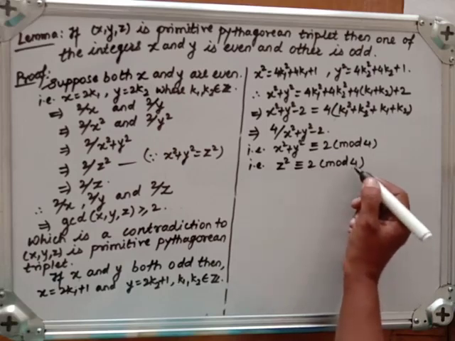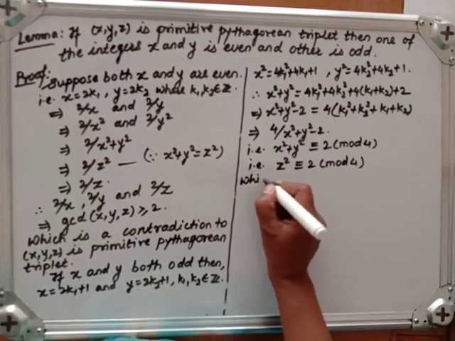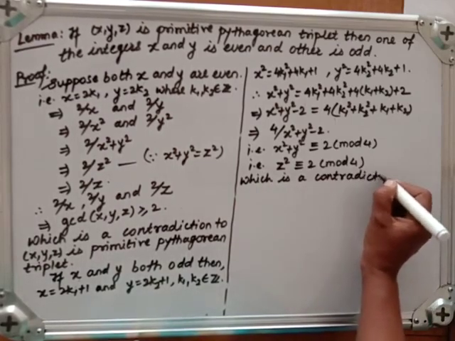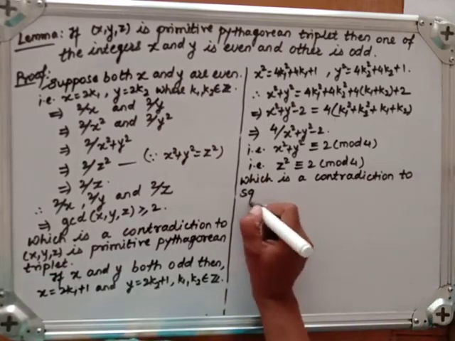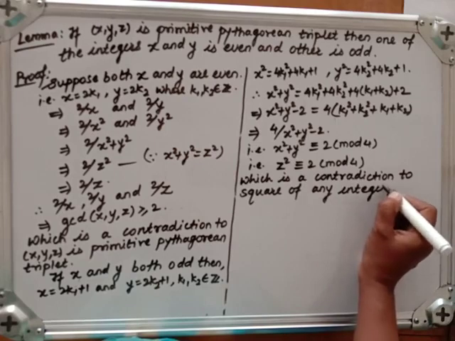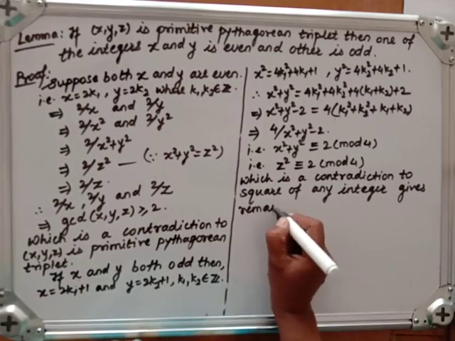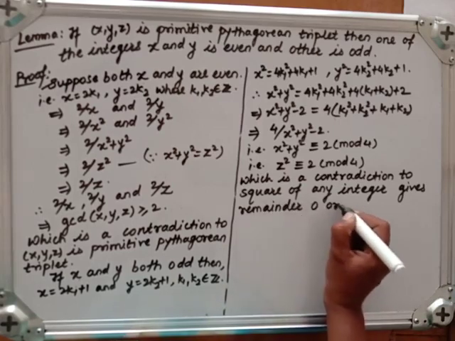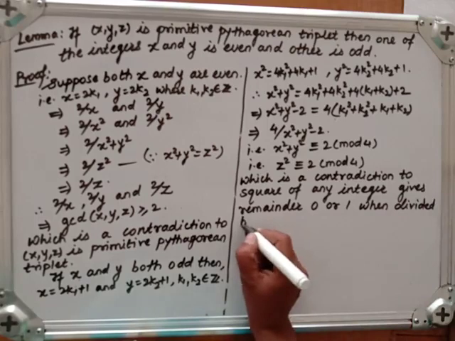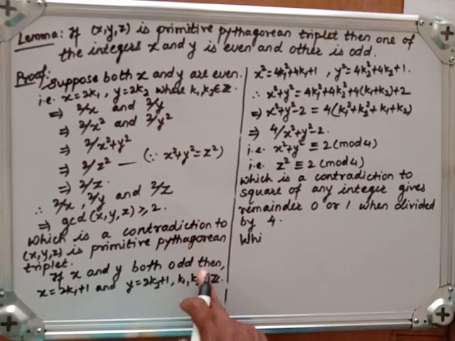The square of any integer must give a remainder of either 0 or 1 when divided by 4. This shows that assuming both are even, we get a contradiction, and assuming both are odd, we also get a contradiction.